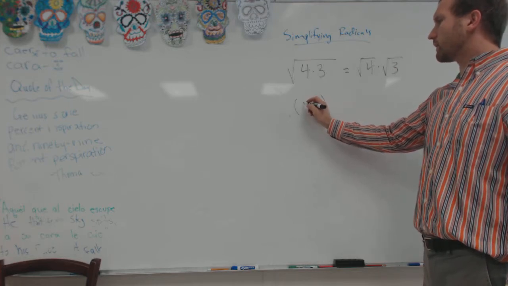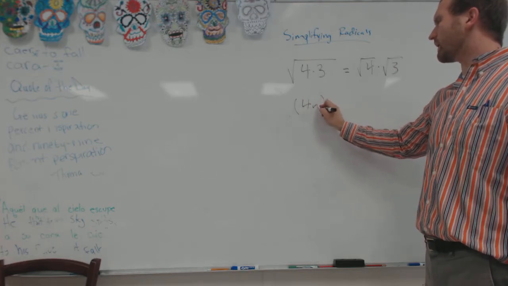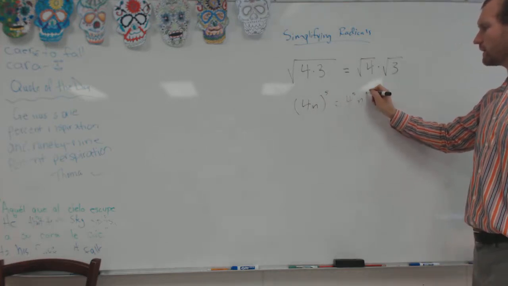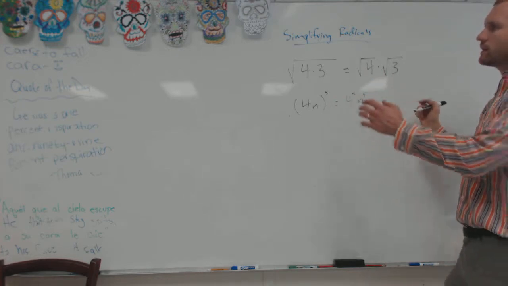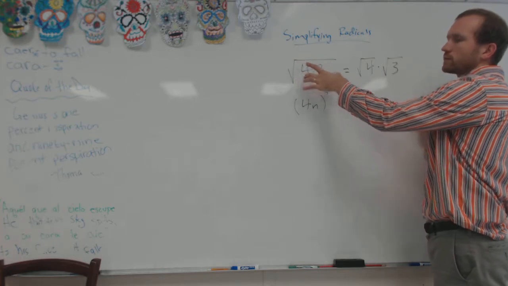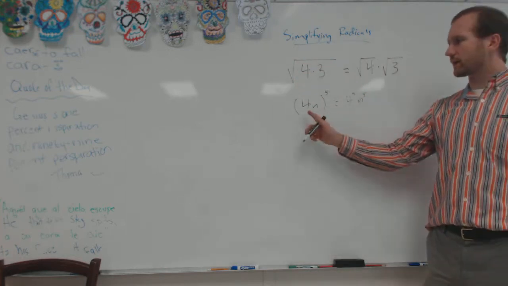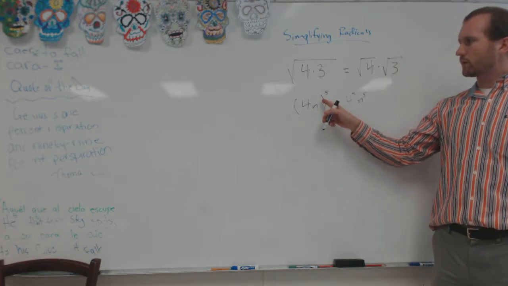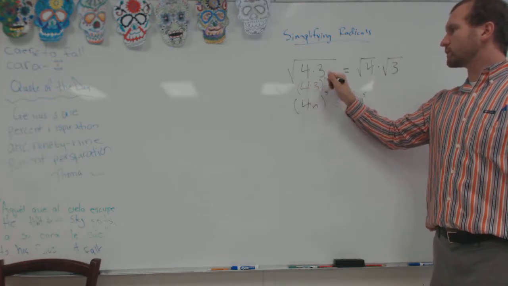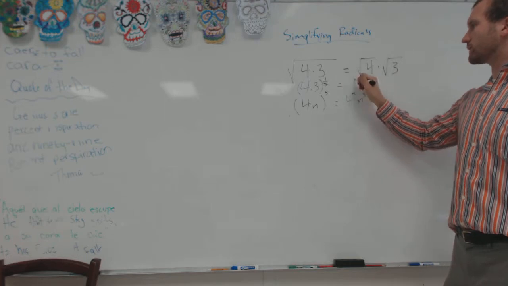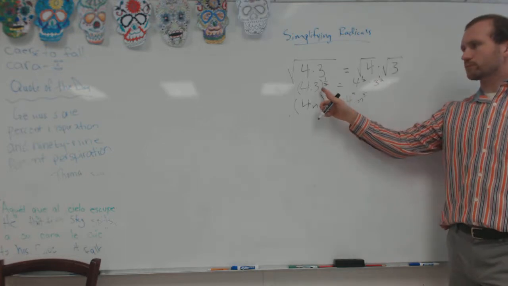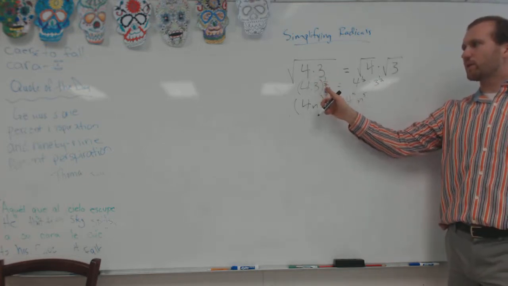If we said 4n to the 5th, we've learned that that would be 4 to the 5th, n to the 5th. And the thing to remember is there's an implied parentheses inside of your square root, and that might help you to see the connection to these exponent rules. So another way of writing this would be 4 times 3 to the 1/2 equals 4 to the 1/2 and 3 to the 1/2. That's another way of writing the same thing, but no one ever writes it like this.